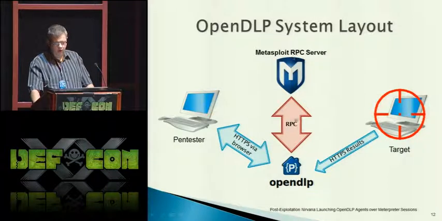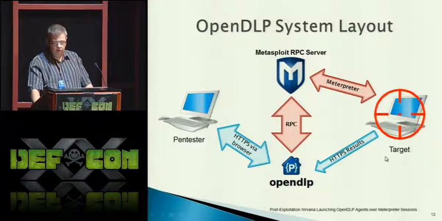We can do all the exact same things over this RPC. So I will send a command that tells this to create a new directory on the target, and then the Metasploit RPC will use a Meterpreter session to create that directory, copy files into that directory, run the sc.exe executable, and start the service. And the agent still posts back with HTTPS here. So that's unchanged.